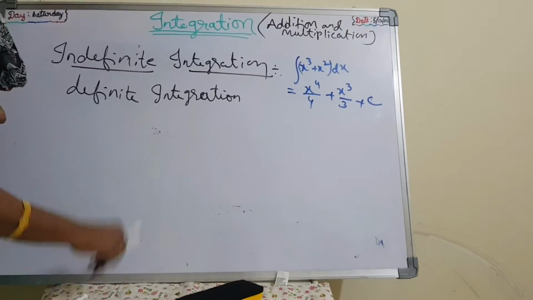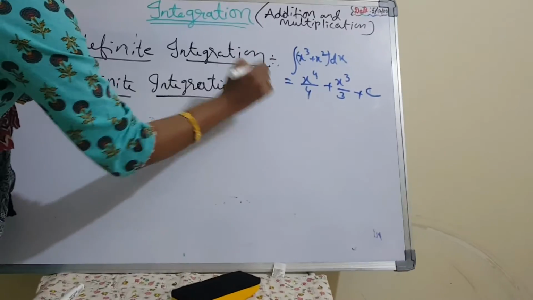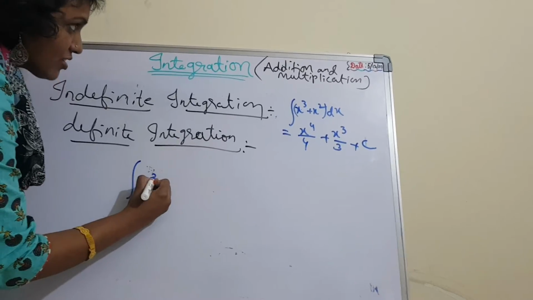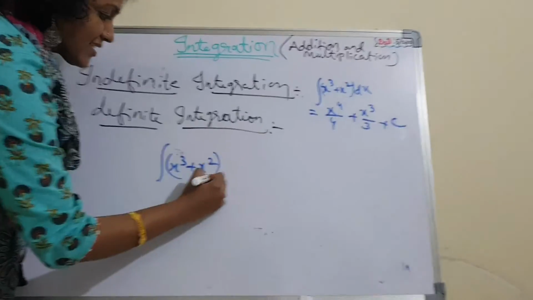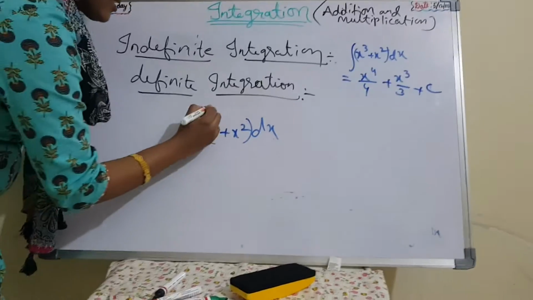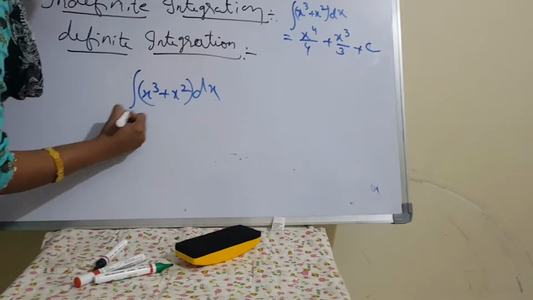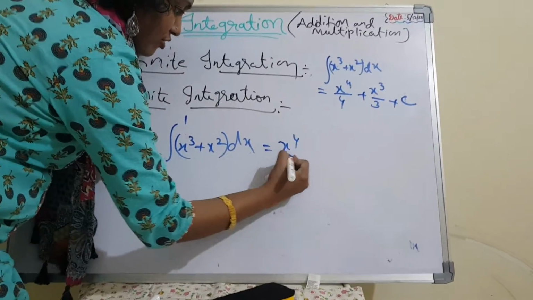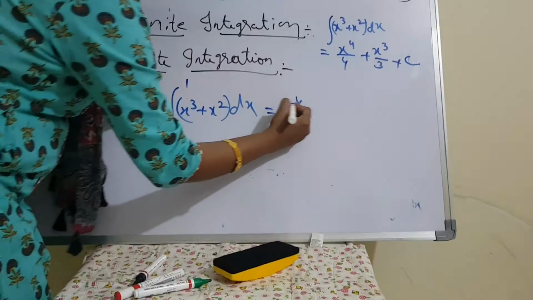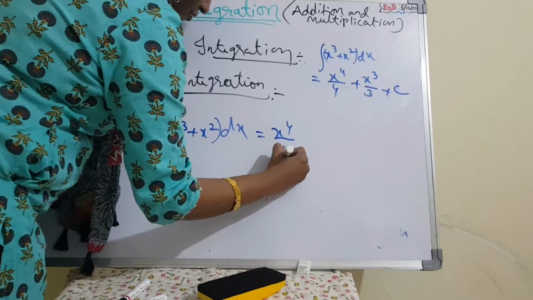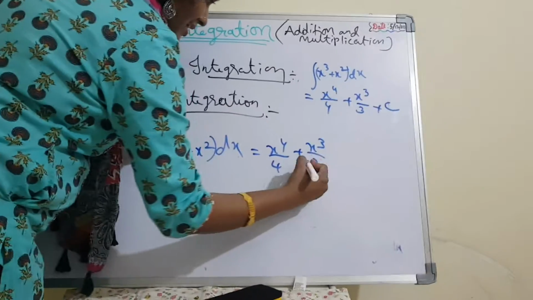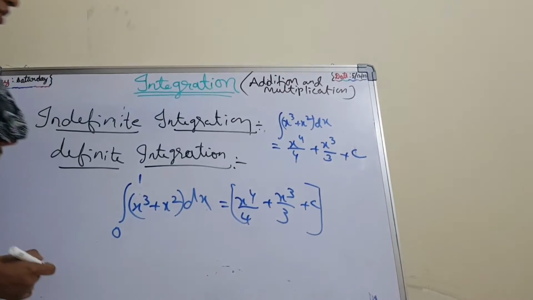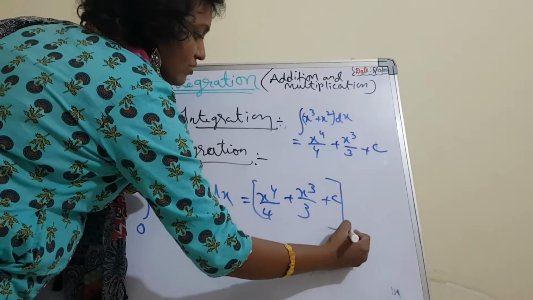Now what is a definite integration? I'll tell some examples so you can understand. They will give the same integral, x cube plus x square dx, with limits 0 to 1. What will we get here? Integration of x cube dx formula: x power 4 by 4 plus x cube by 3 plus c. Limits 0 to 1.